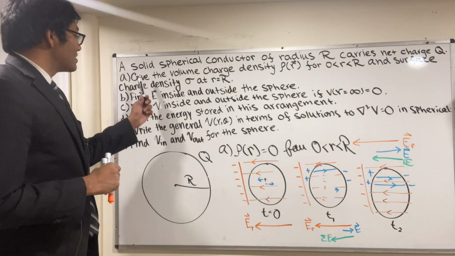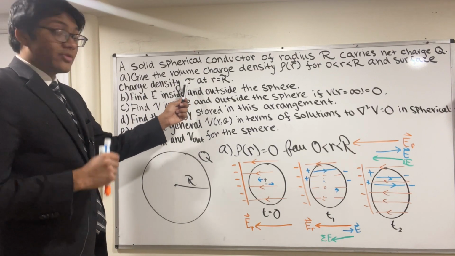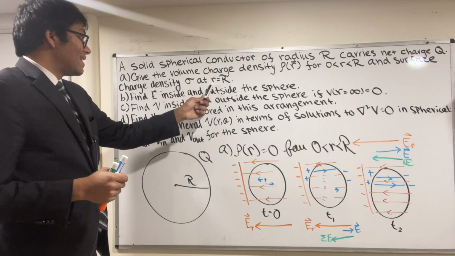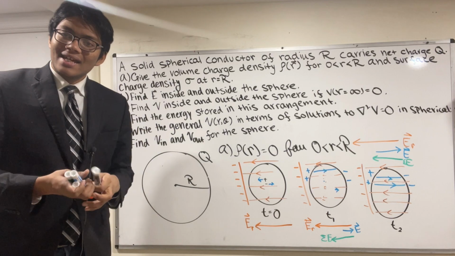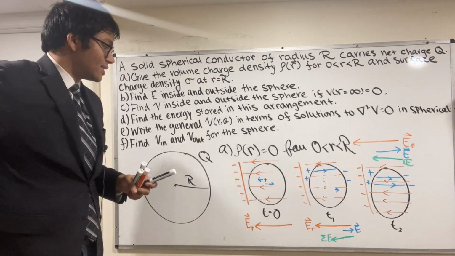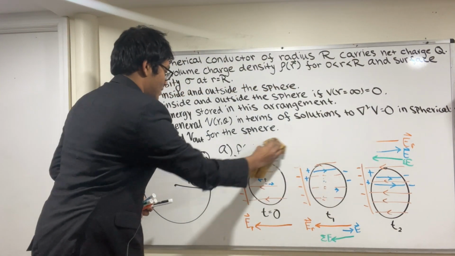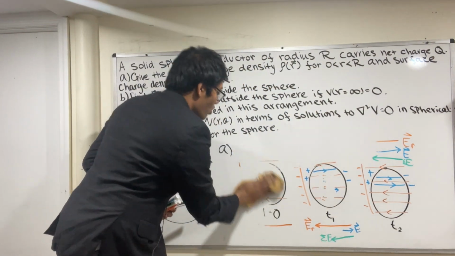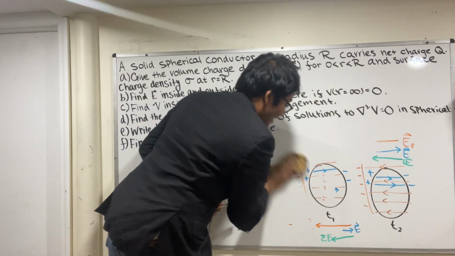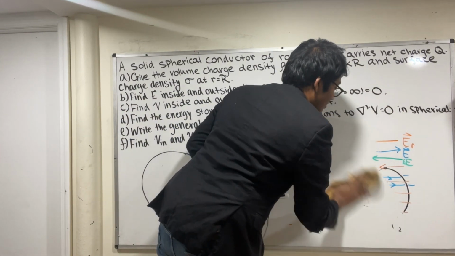Now, we consider the charge density, sigma, the surface charge density, sigma, at the edge of the sphere. What is that surface charge density going to be? Well, let's examine it. Since we know the volume charge density is zero, we know all the charges must now reside at the surface. Okay, well, now that's pretty easy.